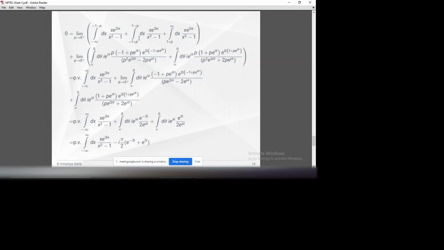Because all of these limits would have cancelled each other. That is the simple property of real integrations. But here we cannot take p equal to 0 exactly, so we have to consider this only as a limit.